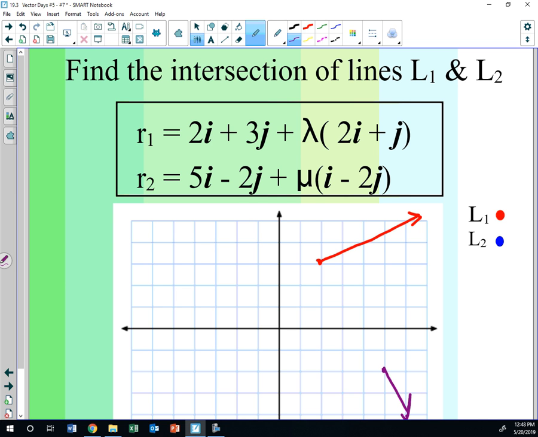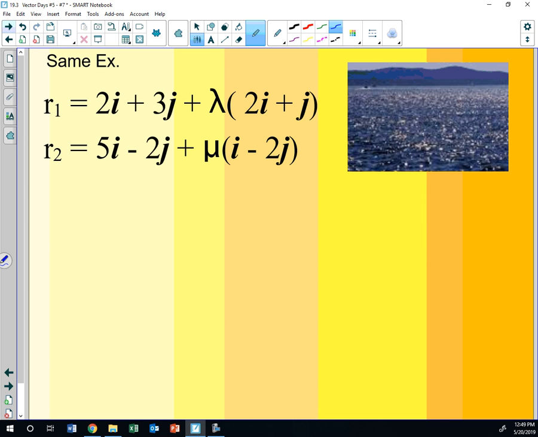And will these ever hit? No, but if my mu and lambda's steps were negative, do you think they could hit? Yeah, they could. So we're going to see when that would be. You're going to use only an algebraic technique to find out when and where they're going to hit.